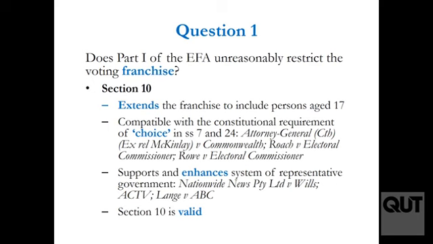So in McKinley, McTiernan and Jacobs took the view that the long-established universal adult suffrage may now be recognised as a fact. So I'll say that again. That was Justices McTiernan and Jacobs in McKinley. And they held that the long-established universal adult suffrage may now be recognised as a fact.